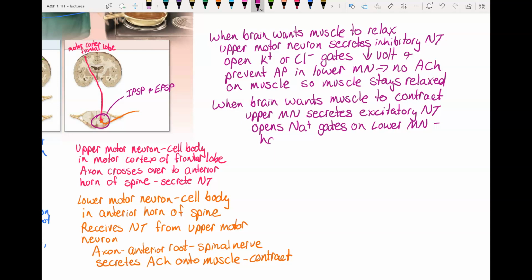So then it has an action potential, and it does secrete acetylcholine onto the muscle. And the acetylcholine makes the muscle contract. So an upper motor neuron is always secreting neurotransmitter onto a lower motor neuron.